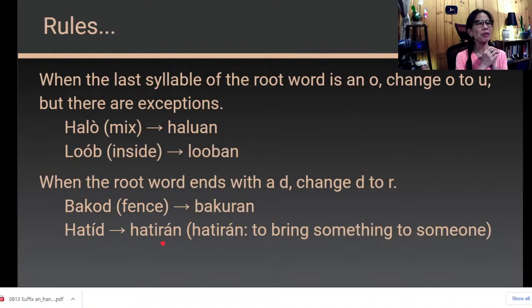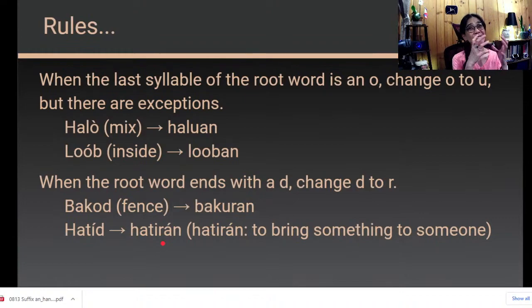Hatid is to bring something to someone. I'd like to define hatid as your one and only purpose to do that. For example, your spouse or your boyfriend is at work in his office and I stay here in the house. So they bring halo-halo to you, loloban, hatiran.